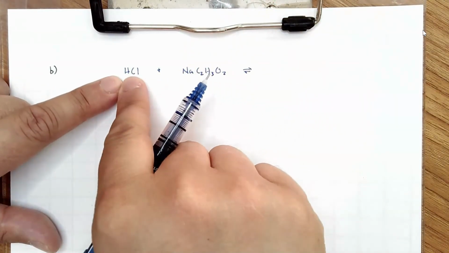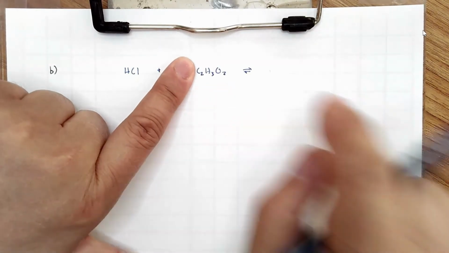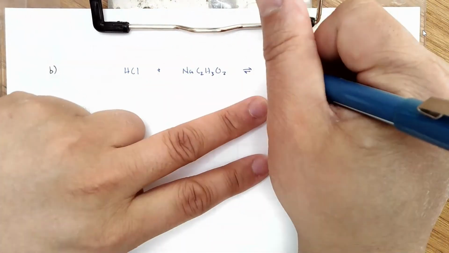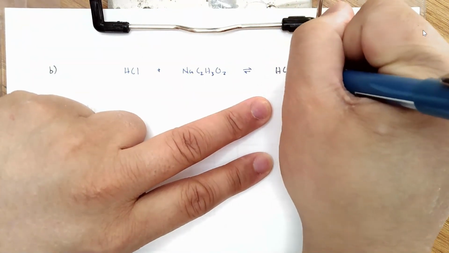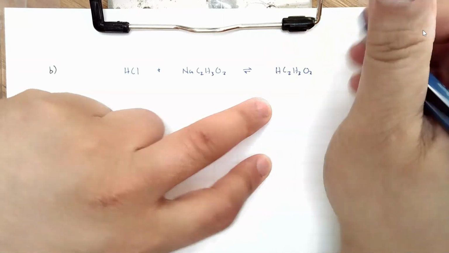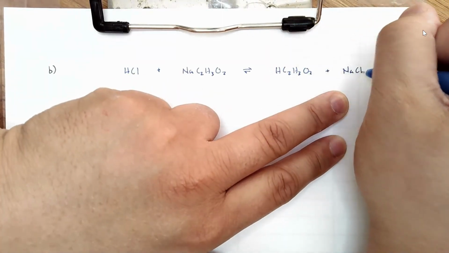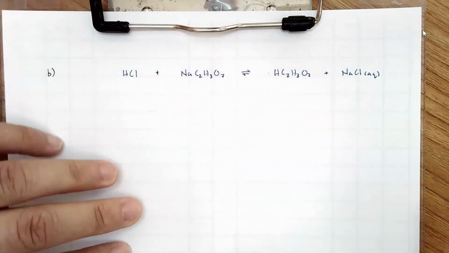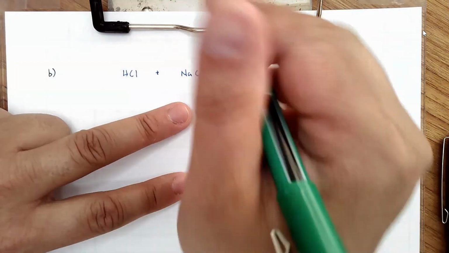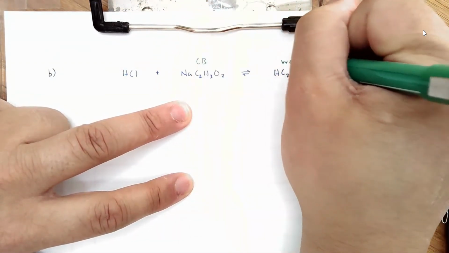Let's see, the acid's going to give up its proton. The conjugate base, which is C2H3O2 minus, picks up that proton, and you form HC2H3O2 plus NaCl, and that's aqueous. It will ionize. So what do we have? Do you see how we have the conjugate base and the weak acid?